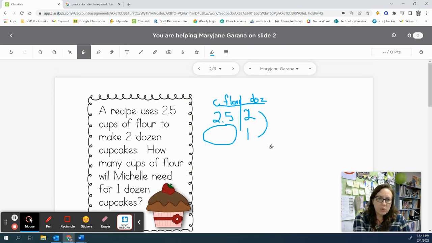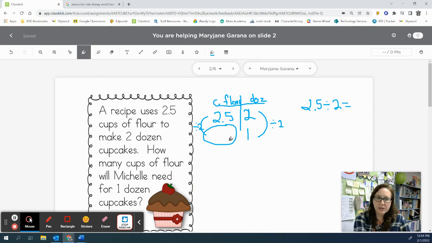So to show your work at bare minimum, I would need to see that you did this. Okay, that you divided by 2 and you divided by 2. Now this shows your work, or you could have had 2.5 divided by 2, and then tell me what your calculator says.